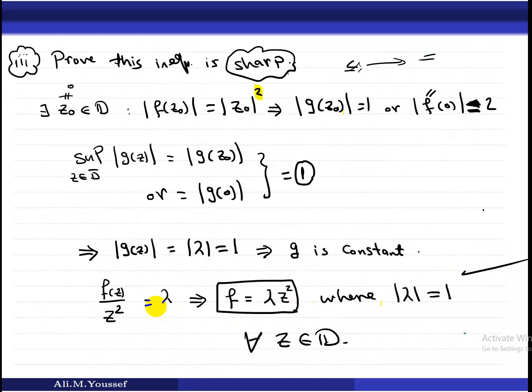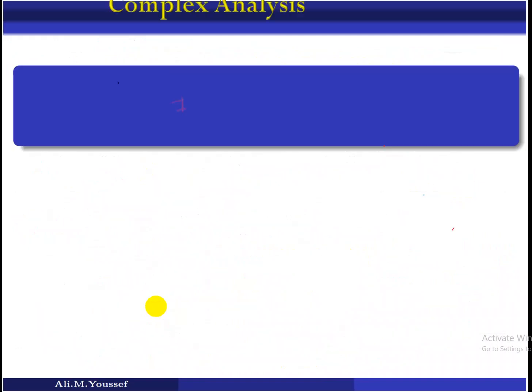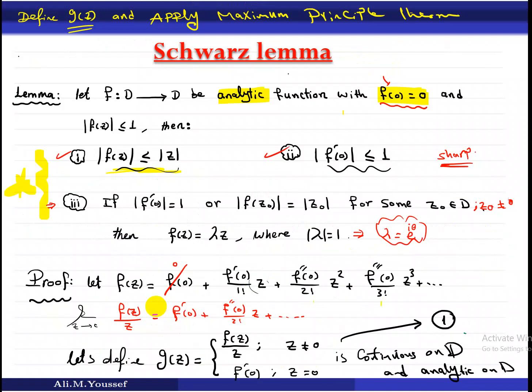So let's see. This is the main result. The second part of the Schwarz lemma: what if I want to ignore this assumption, that f of 0 is equal to 0? So I have only that f is an analytic function from d to d.